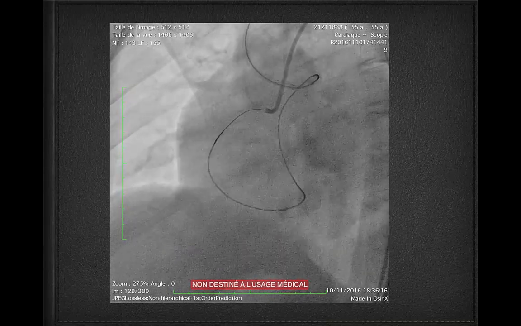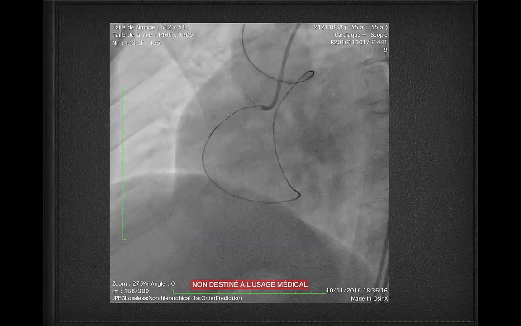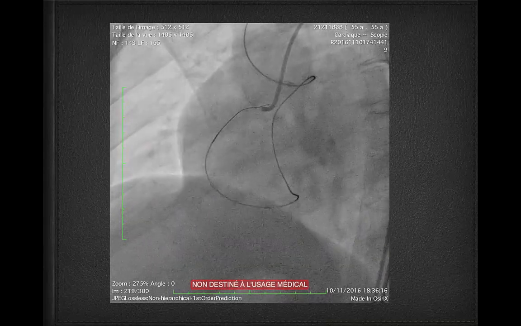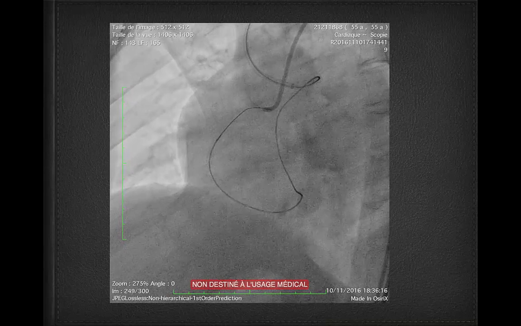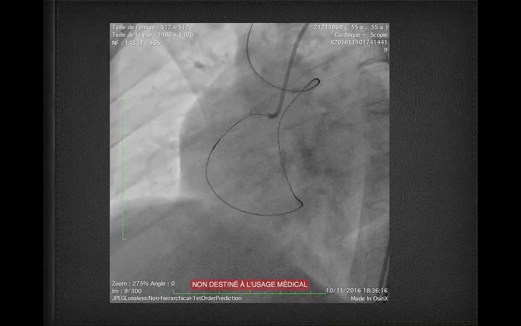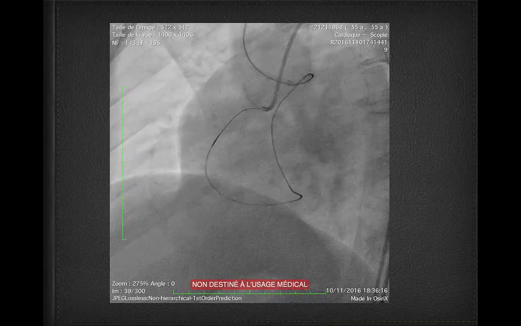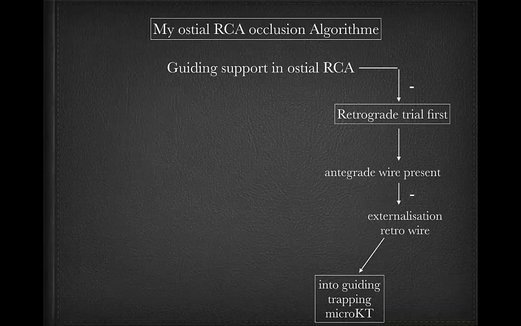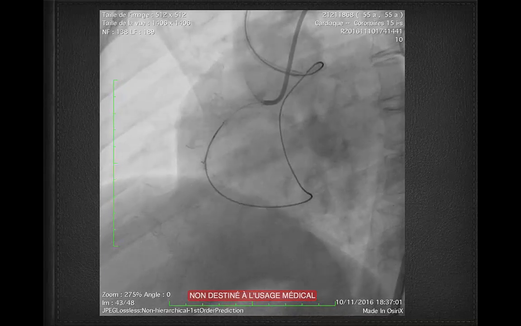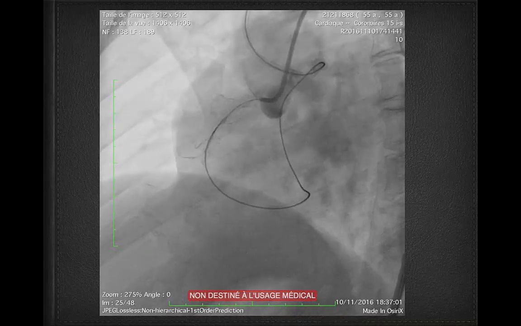So we work with 4 hands. And so he moved a little bit the GR4, and I tried with the Cyan black to get inside and then we succeeded. Perfect. So at this part, we advanced the Corsair and exchanged for RG3. And we are now in this situation.